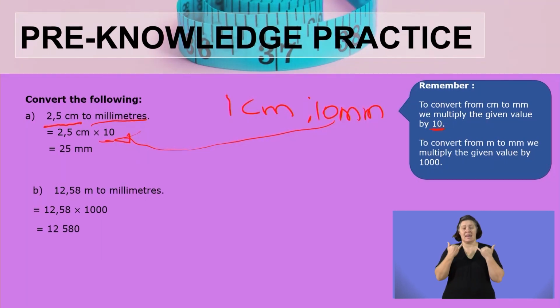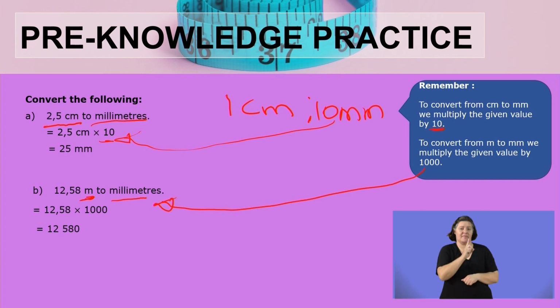Now let us have a look at the second example: 12,58 meters. Now we are converting from meters to millimeters. So what is it that you need to know to convert from meters to millimeters? The conversion factor that we need is 1,000.